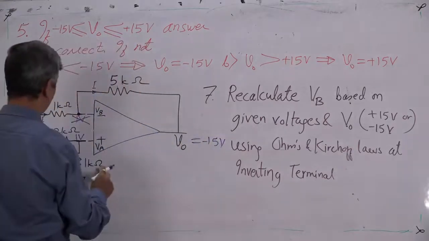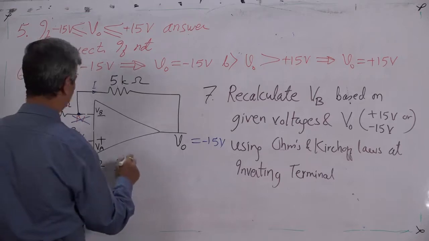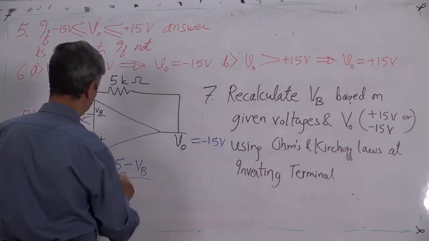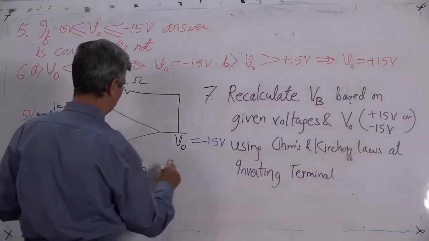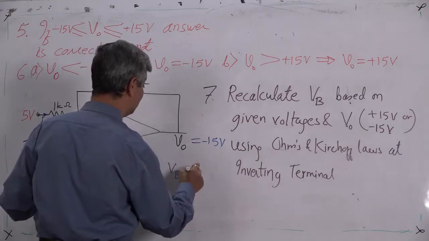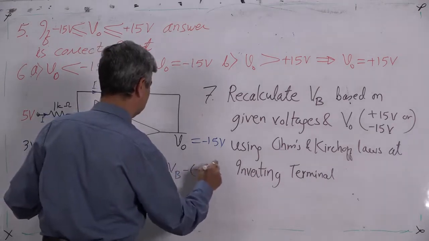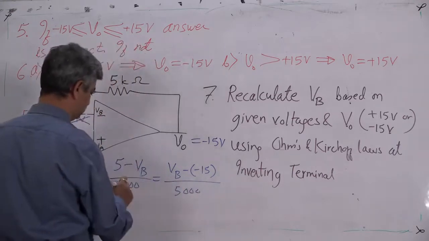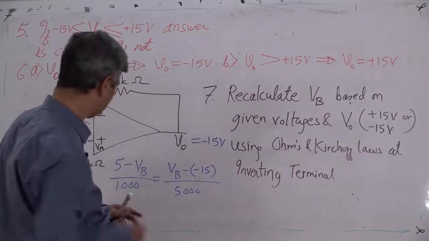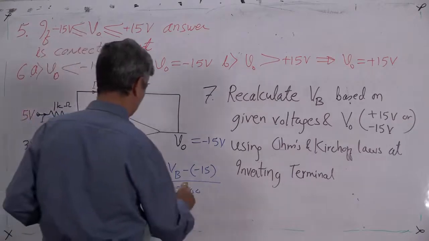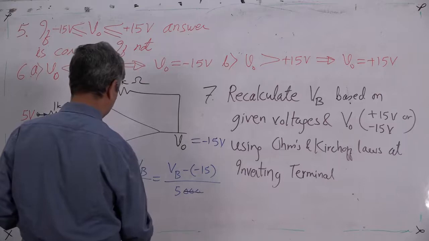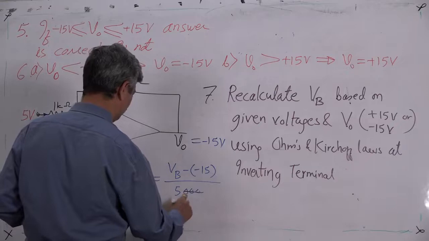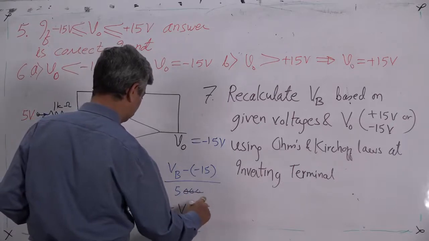Then you recalculate, same logic: (5 minus VB) upon 1000 is equal to (VB minus (minus 15)) upon 5000. So, 5 minus VB, the 1000 triple zeros go, 5 multiplied on this side, 25 minus 5VB is equal to VB plus 15.